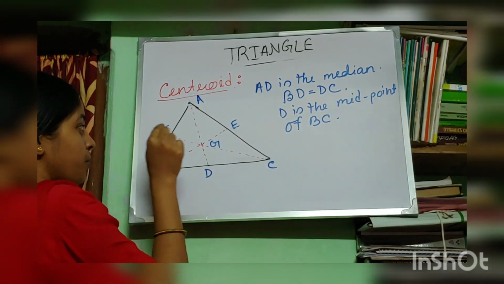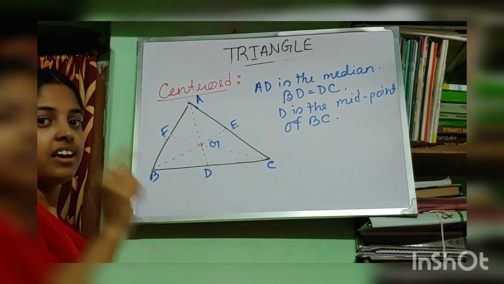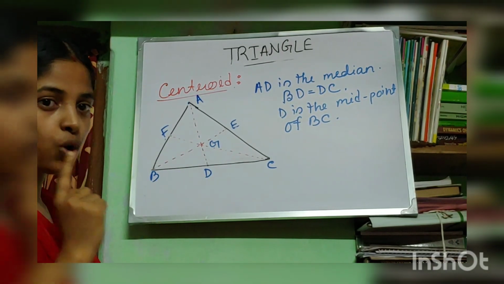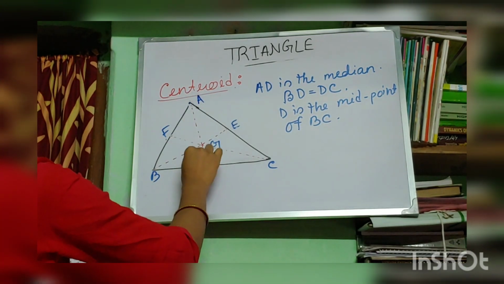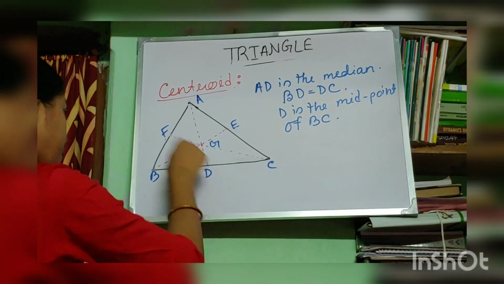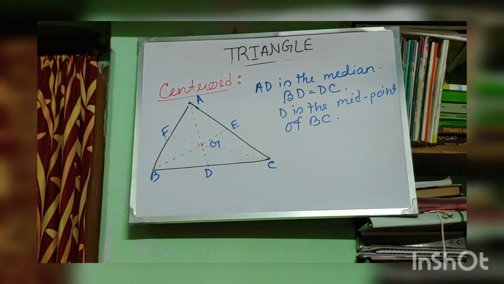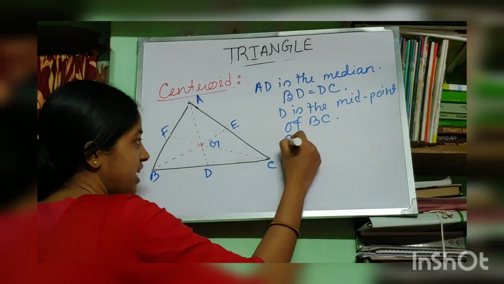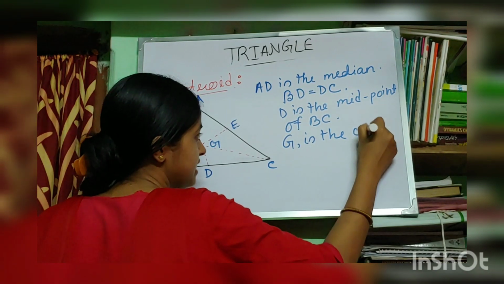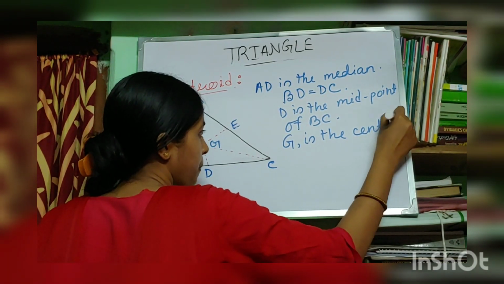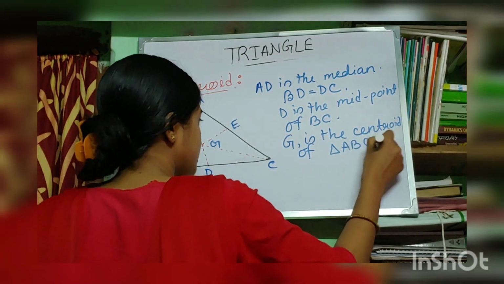When the three medians meet at the same point, that point of concurrence is called the centroid. So here G is the point of concurrence, so G is the centroid of triangle ABC. I hope you have understood.